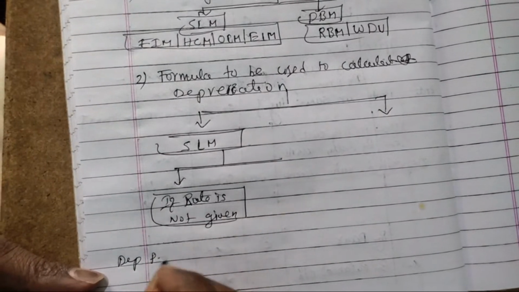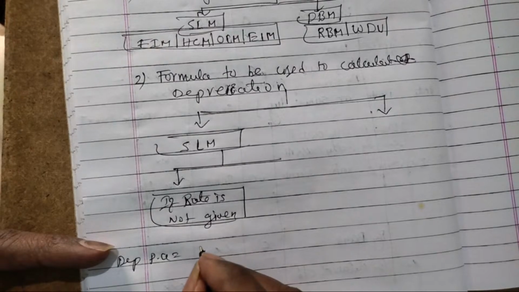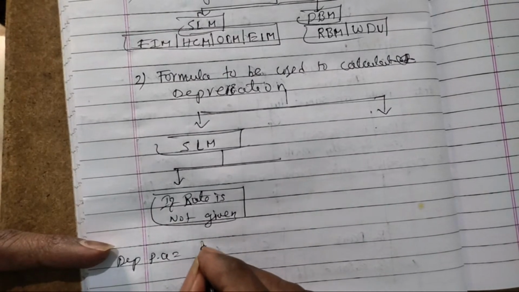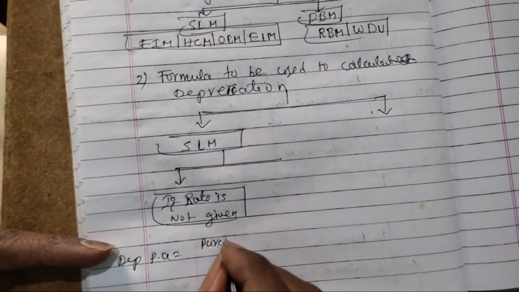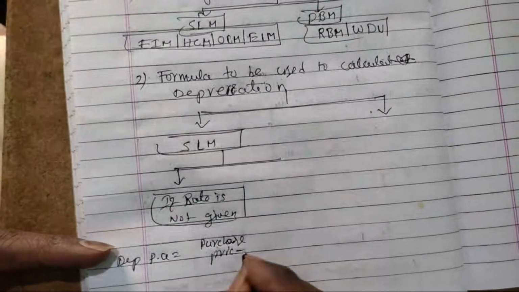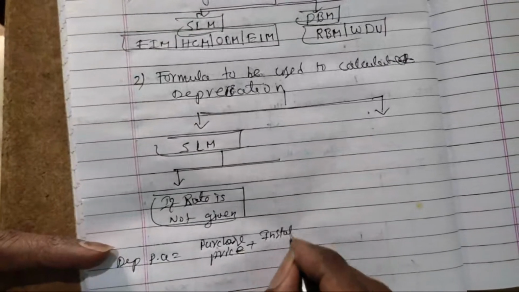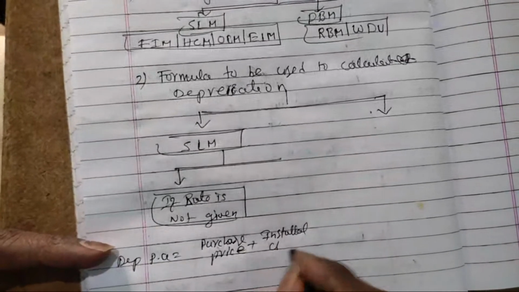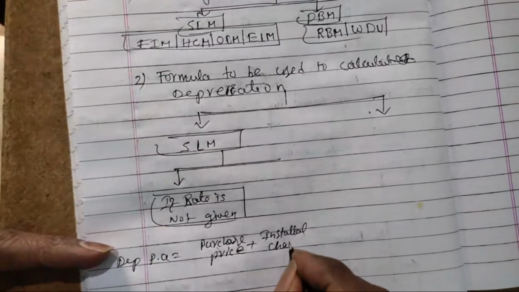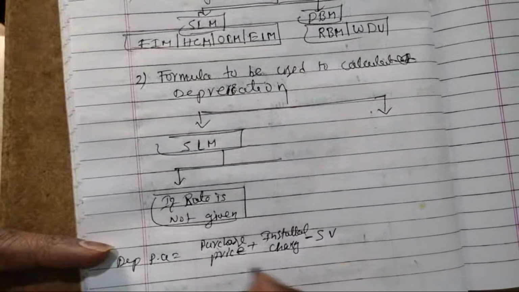Depreciation per annum equals purchase price plus installation charges minus scrap value, divided by useful life of asset.